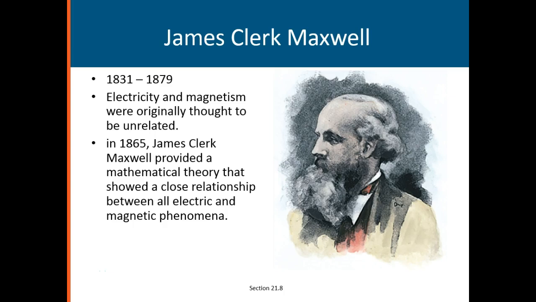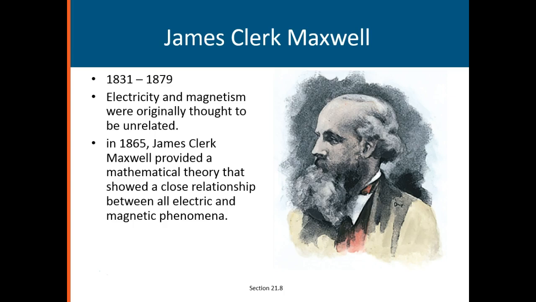James Clerk Maxwell. It looks like it's Clerk, but it's really pronounced Clark. He was Scottish. They do strange things with the pronunciation. Lived 1831 to 1879. Only 68 years. Brilliant mind. Okay? Electricity and magnetism were originally thought to be completely unrelated from each other.